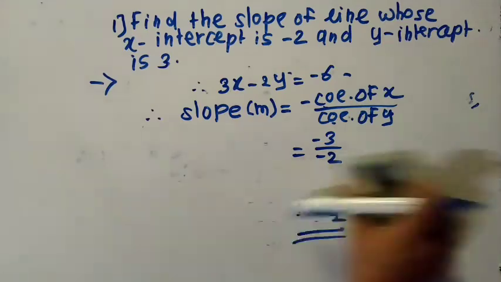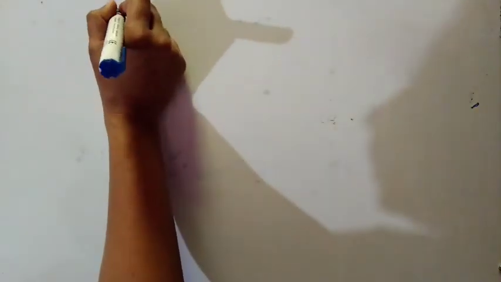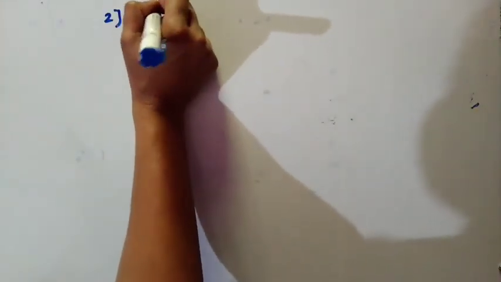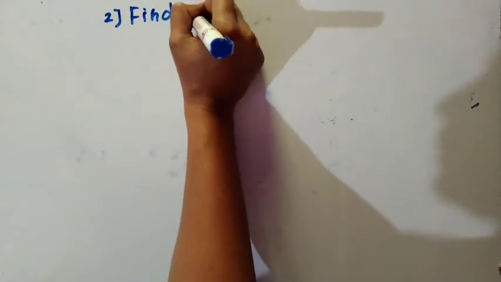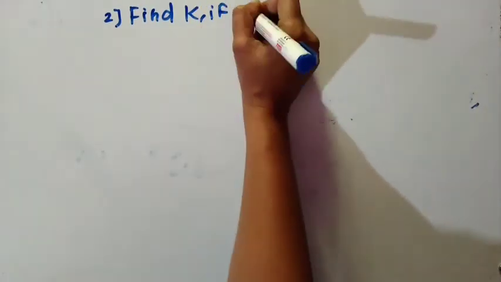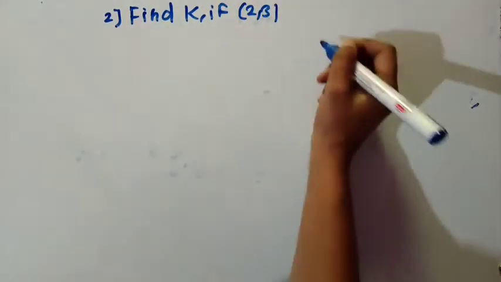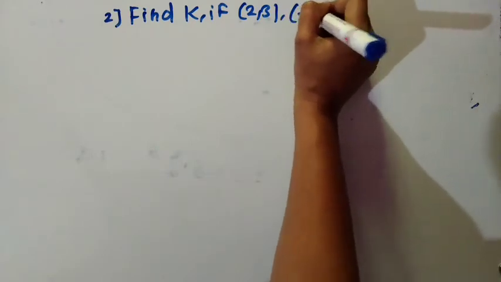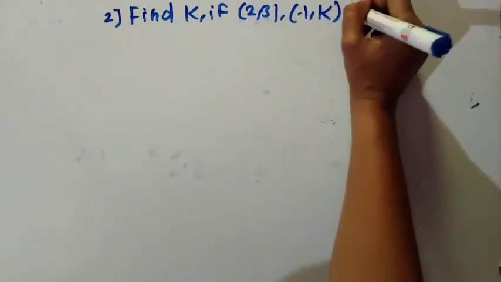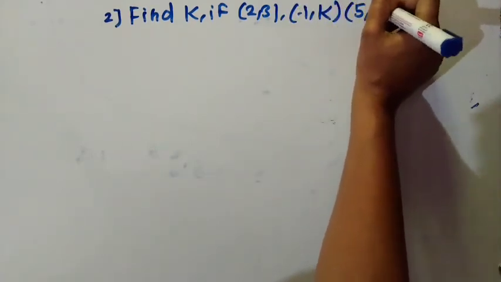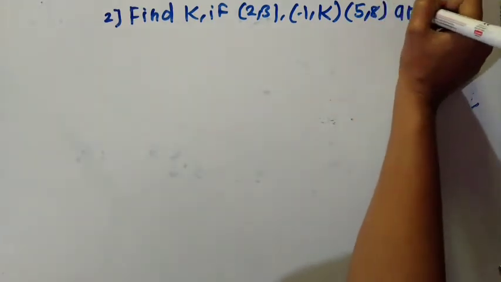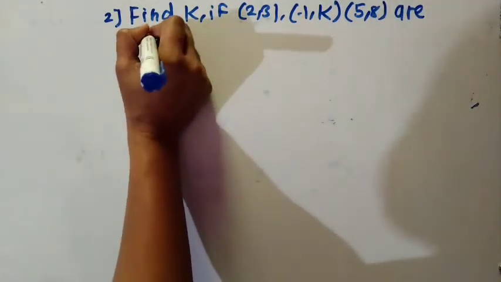Then we give second example. Find k if (2, 3), (-1, k), (5, 8) are collinear.